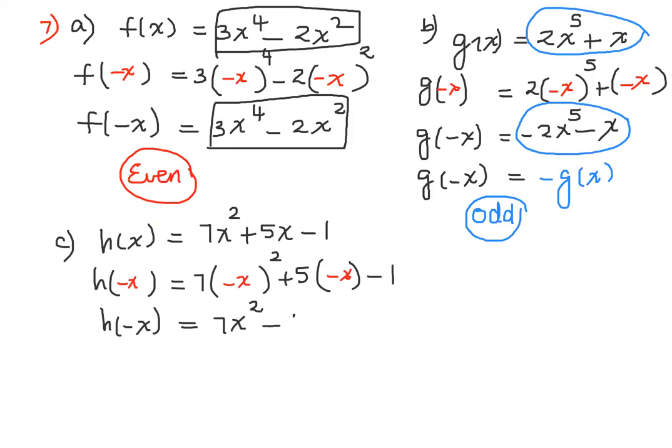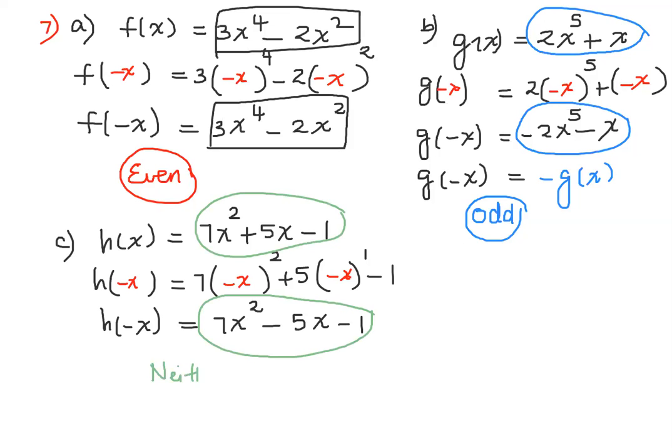The next one is going to be negative because the power is odd, because it's 1 here. But if you compare this with the original one, they are not the same, they are not opposite either. So in this case, it's neither even nor odd.